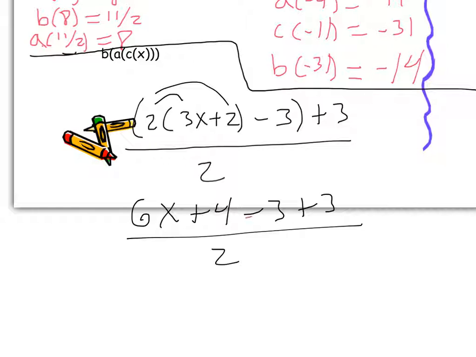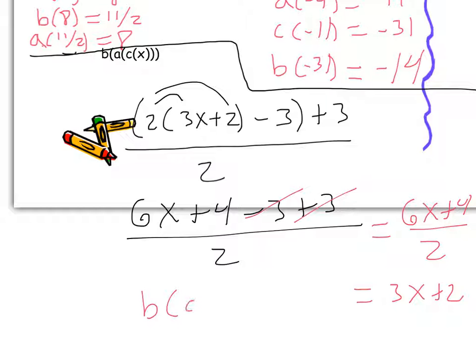The minus 3 and plus 3 are just going to cancel out, leaving us with 6x plus 4 over 2, which would lead us to 3x plus 2. And again, this is B compose A compose C of x.